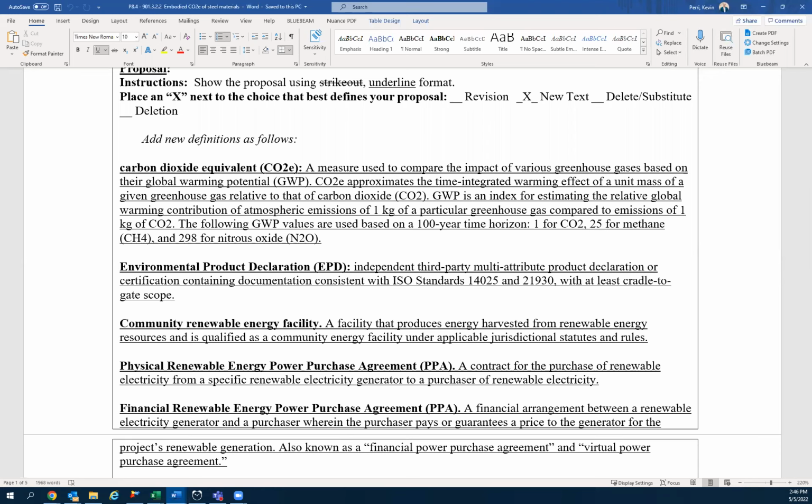One of the reasons that we included this is because a lot of steel manufacturers cannot include on-site renewable energy. So this option allows for that renewable energy to be procured off-site, and it still has that community benefit to it.